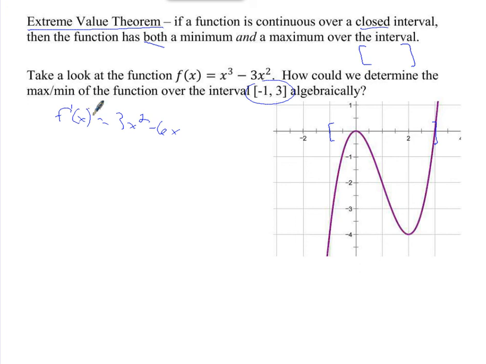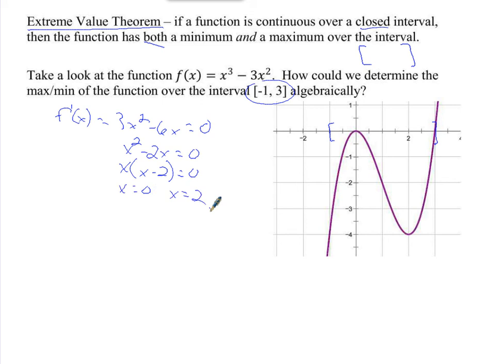We want to find where the slope is equal to 0, because obviously here and here the slope of the tangent line would be 0. So we set it equal to 0, and now we can divide everything by 3, and we get x squared minus 2x equals 0. Now what? Factor out the GCF, which is x times (x minus 2) equals 0. Use the zero product property, solve for x. You get x equals 0, x equals 2.